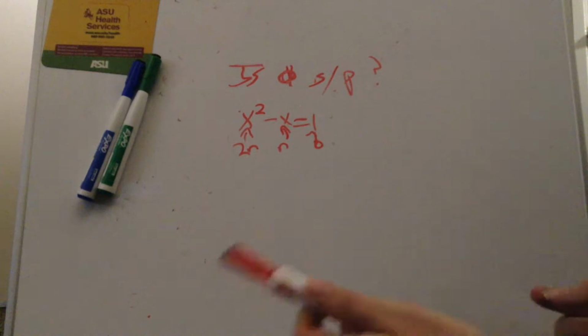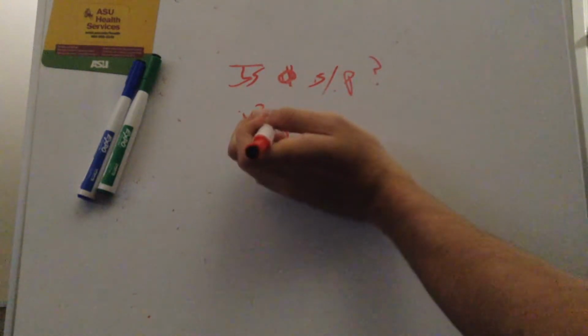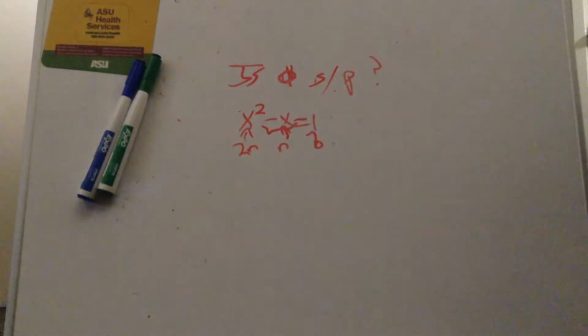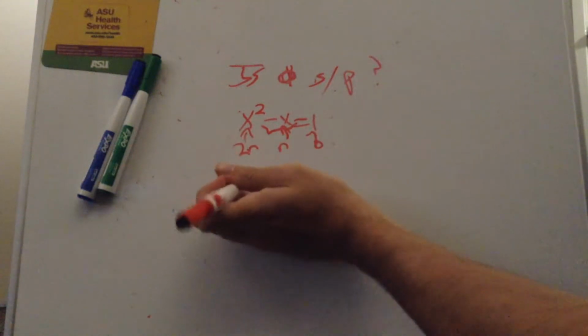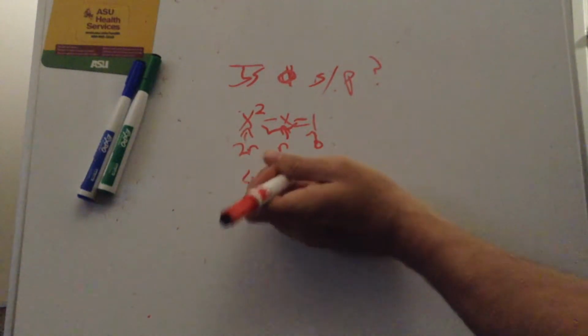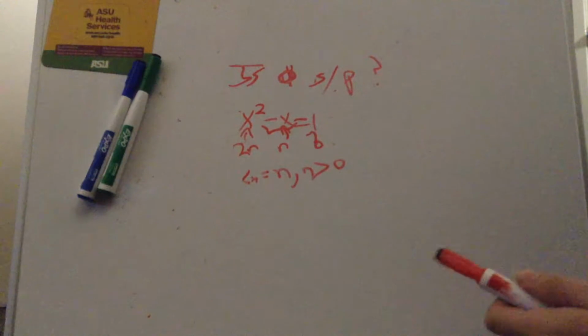So, we have an order 2n Steve, and since x is an order n Steve, minus x must be an order n Steve. And we want them to be odd. Well, if we have two Steves adding up to something that isn't a Steve, they must be at the same order, as we learned back in part 5. So, we need 2n equal to n, and n greater than 0.